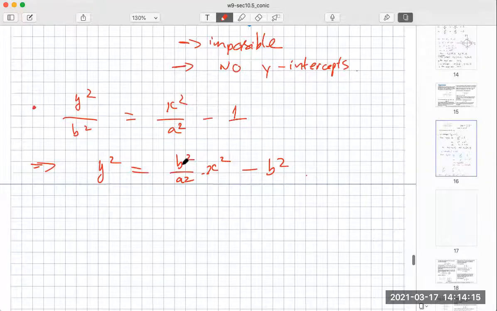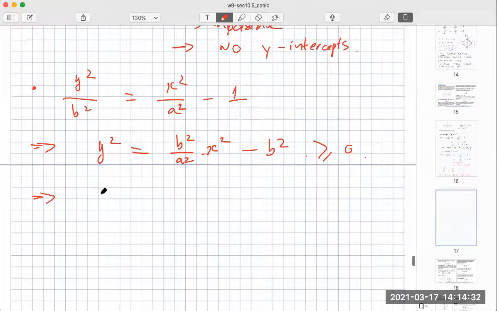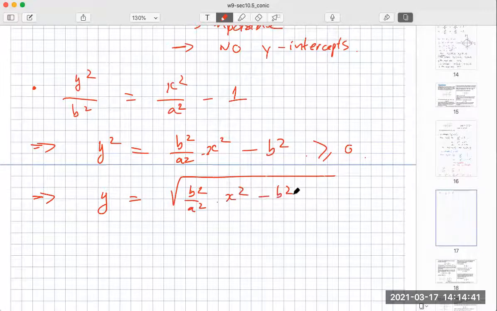Do you agree? It means that this term minus b squared is always positive. If it is positive, then it's okay to take the square root of both sides, and it should be plus or minus this guy. There are two cases. It's a little tricky.